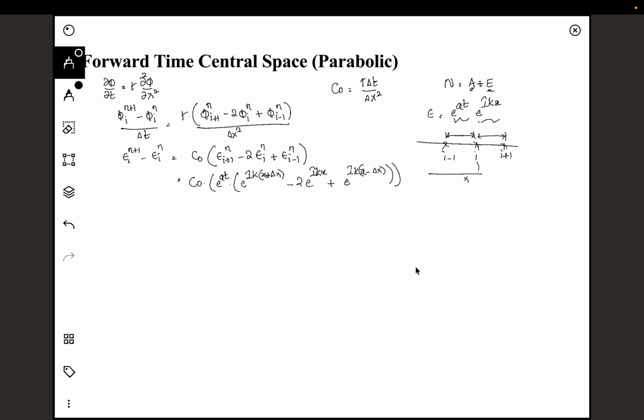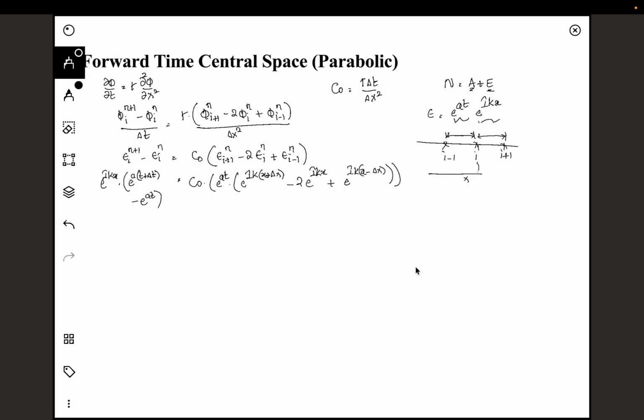On the LHS we have n plus 1, so this will be t plus delta t. Both of them are at the same x coordinate, so e power ikx times e power a(t plus delta t) minus e power at.